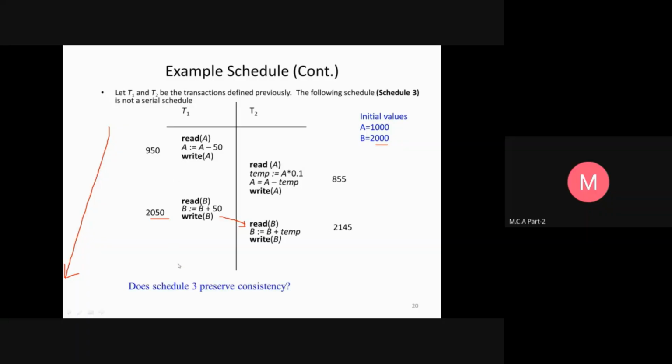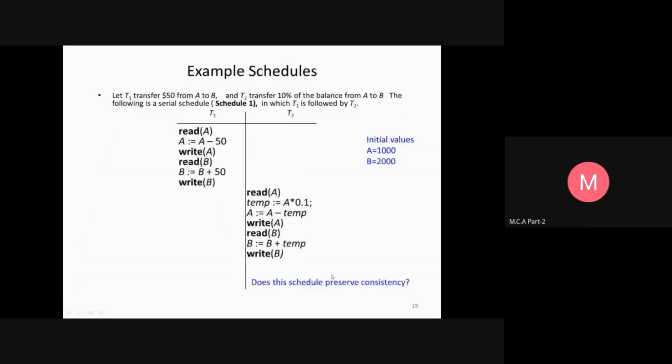Okay, so if we answer this question, does schedule 3 preserve consistency? Yes, schedule 3 preserves consistency. There's a further question. Is the schedule equivalent to schedule 1? Yes, it is equivalent to schedule 1 because in schedule 1, if you notice, the sums of A plus B over here were the same. So the final writes of the schedule for A is 855 and B is 2145.